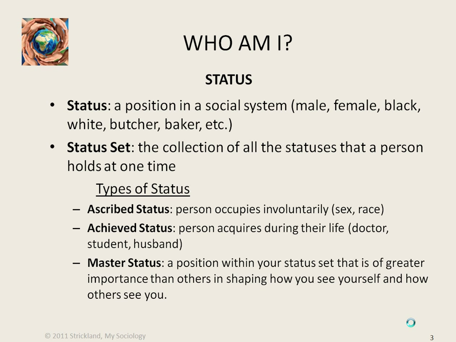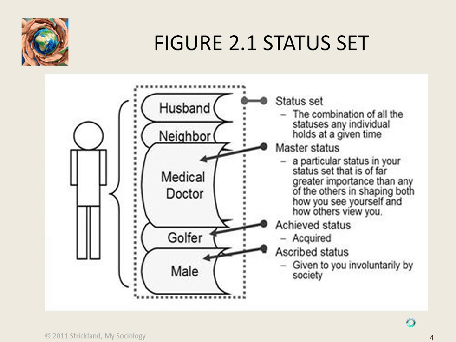For example, let's look at this figure from the textbook. This figure illustrates a person's status set, and that's what the dotted line represents, the dotted line around the different status positions.